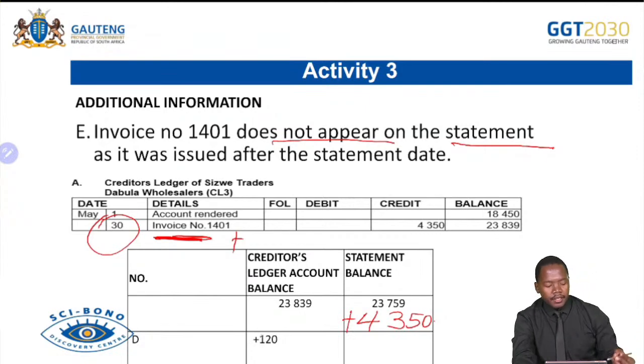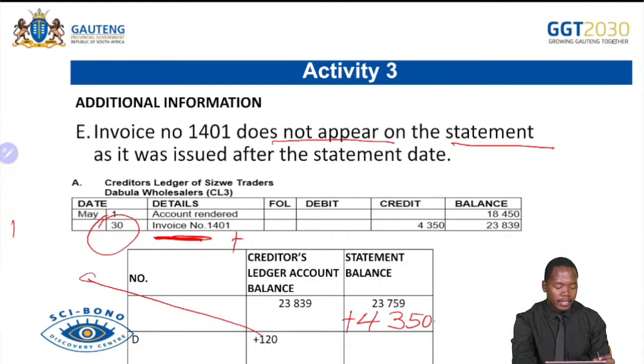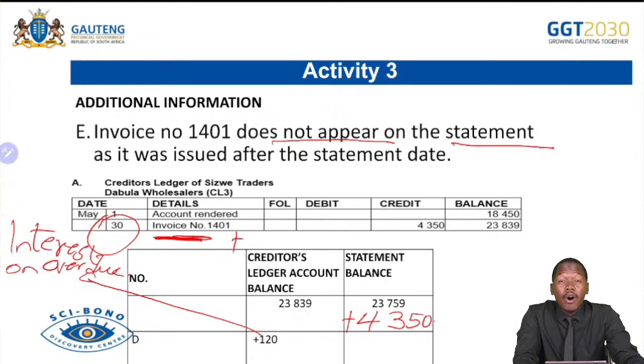For now, we're not looking at the 120. Now, grade 12, if you can go back and think on your statement of account. There's an interest on overdue account. The 120 is that particular interest. Remember, the interest will only appear on the statement.